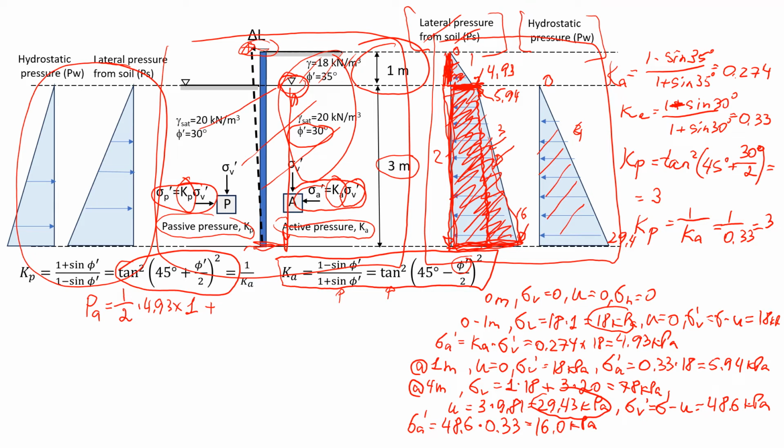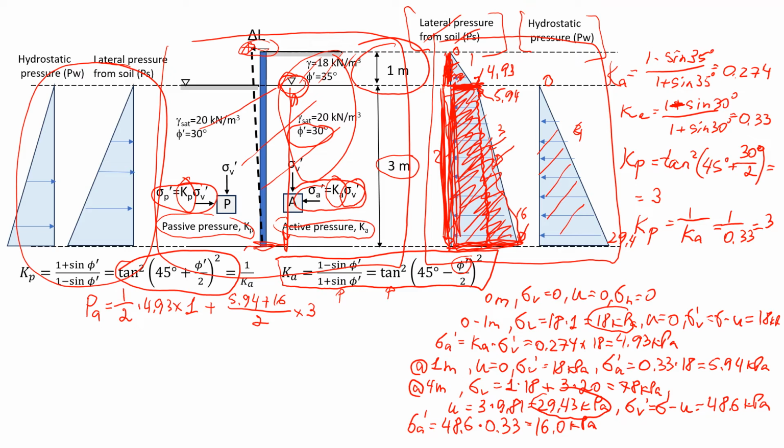The top value we estimated is 5.94, plus at the bottom we have 16 kPa, right? And we take half of that and multiply by the length of this shape, which is 3 meters. That's also the thickness of this layer.